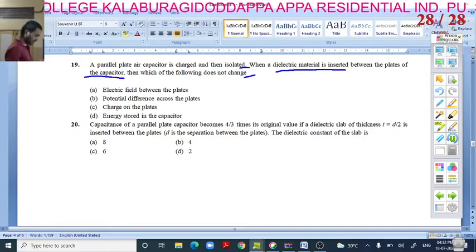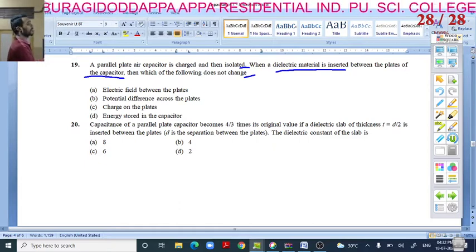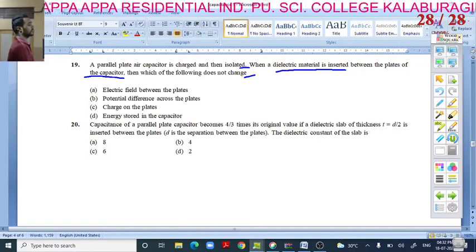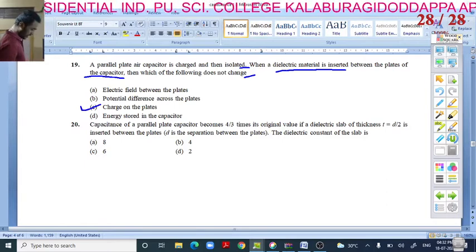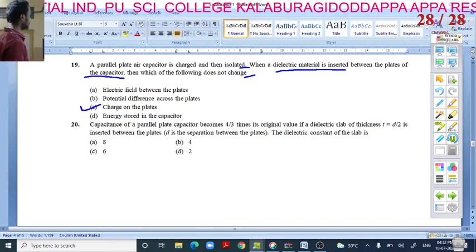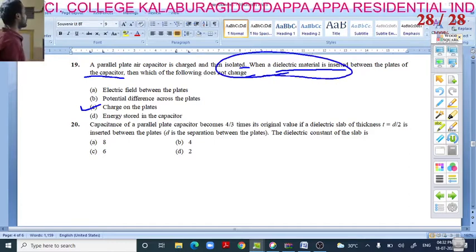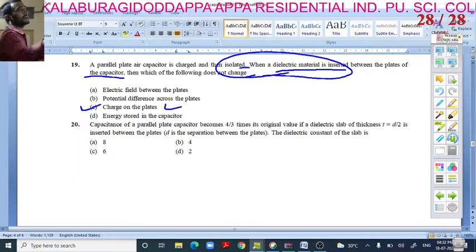Some options: electric field between the plates, potential difference across the plates, charge on the plates, energy. So charge on the plates will not change here because there is no source of charge in this question. There is no source of charge, so charge remains the same, right?